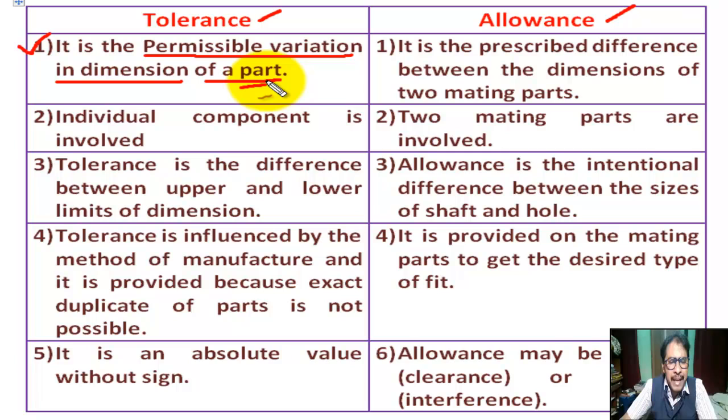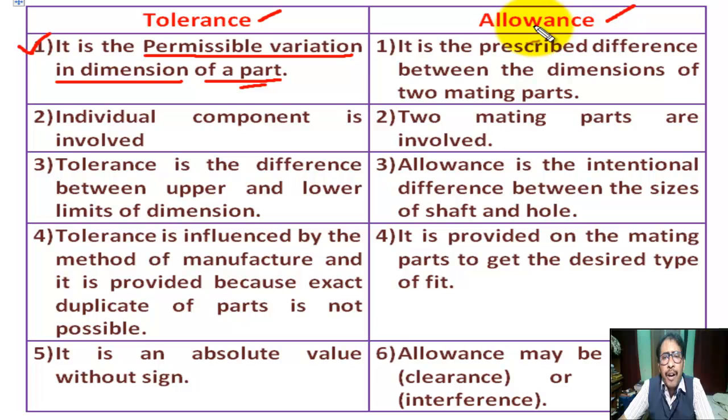The part may be a hole or shaft. Tolerance is the acceptable variation in production of a part.